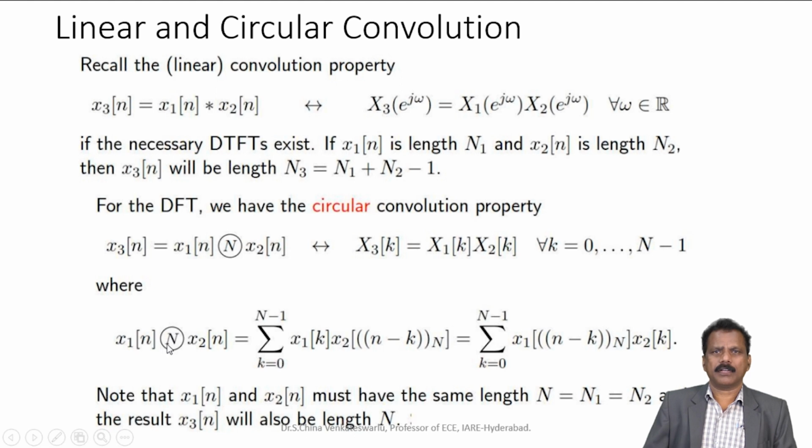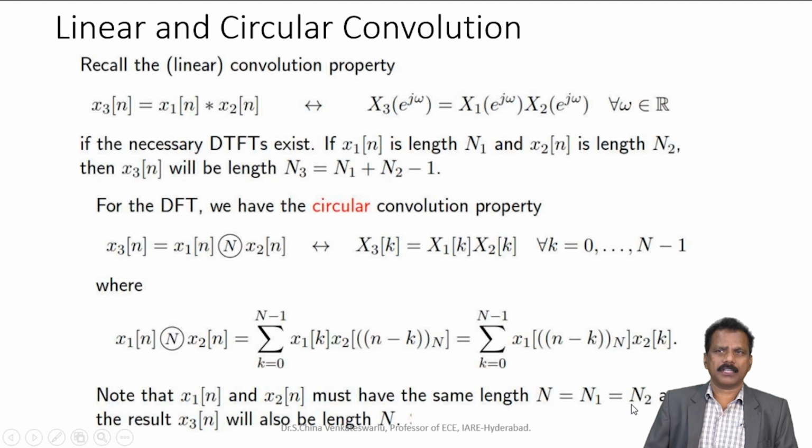x1 of n circularly convolved with x2 of n is equal to the summation over k equal to 0 to N minus 1 of x1 of k times x2 of n minus k modulo N. It is also equal to the summation over k equal to 0 to N minus 1 of x1 of n minus k modulo N times x2 of k, where x1 of n and x2 of n must have the same length.